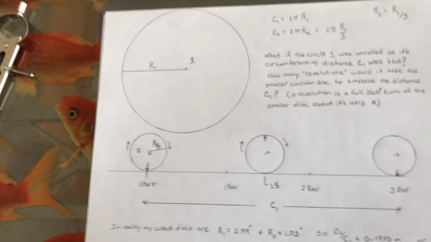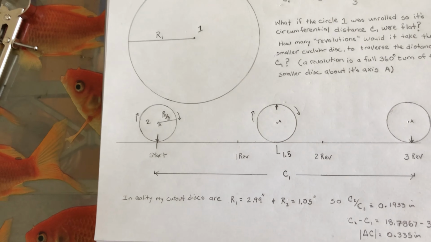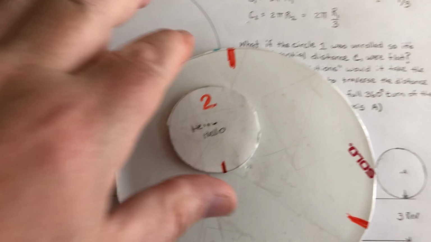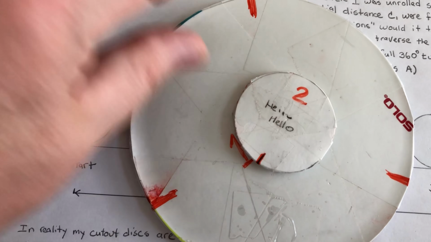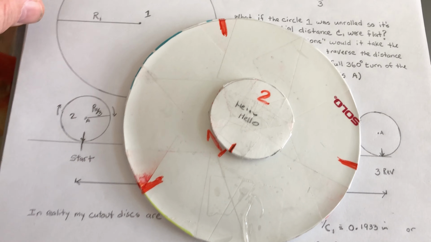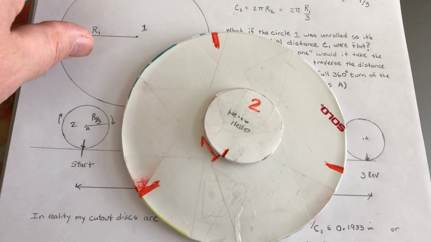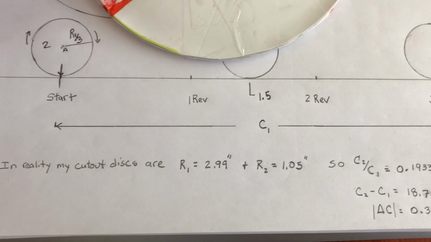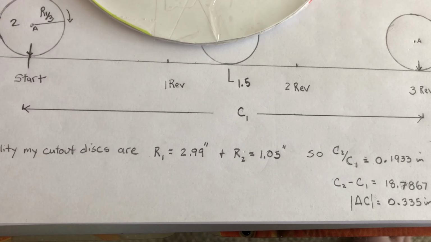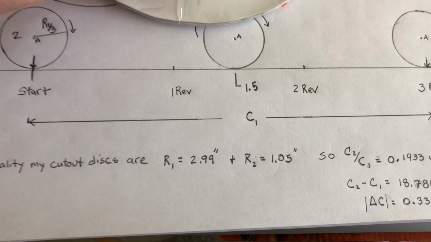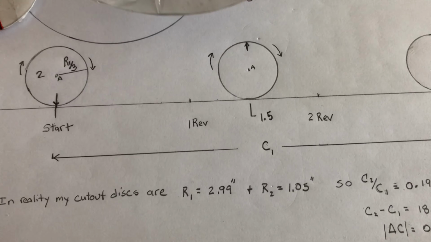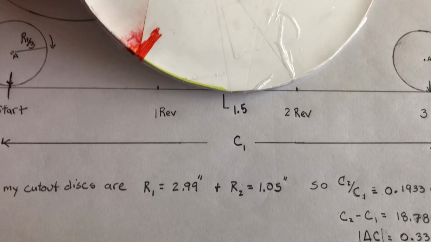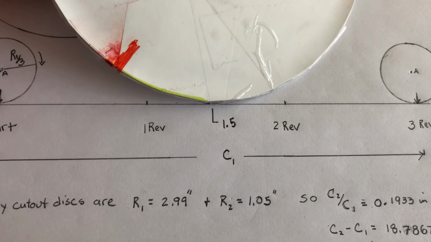Now, with that said, I just want to add a note that it was difficult for me to get these disks to be exactly a factor of 3 off. In fact, the bigger disk had a real radius of 2.99 inches, whereas the smaller disk had 1.05.